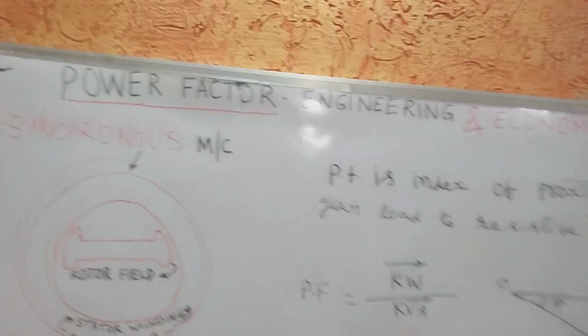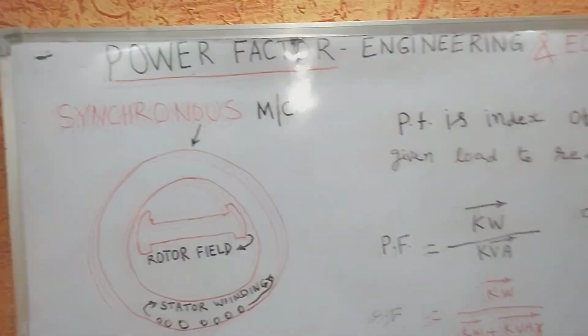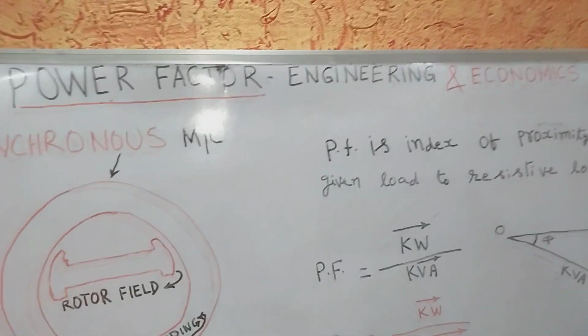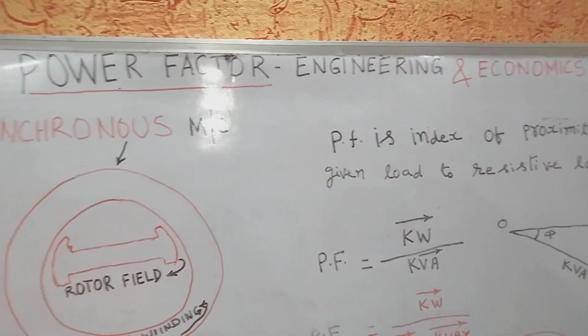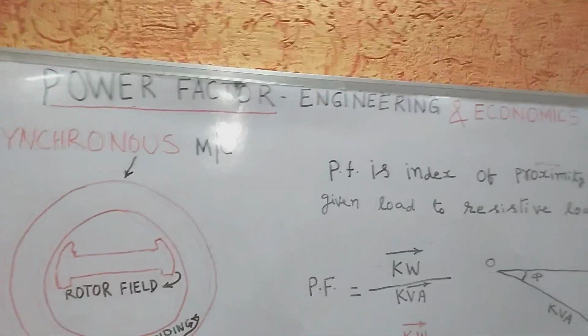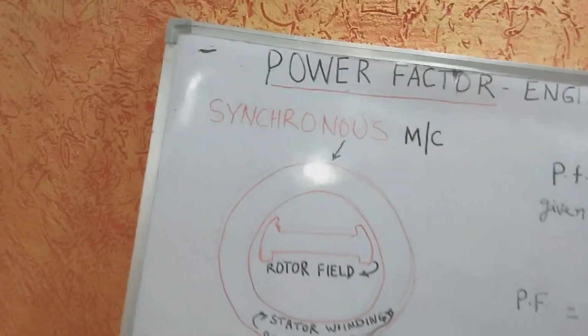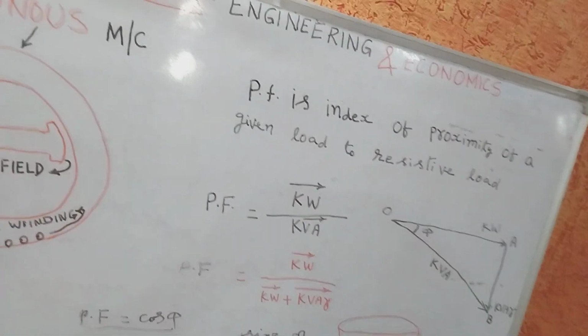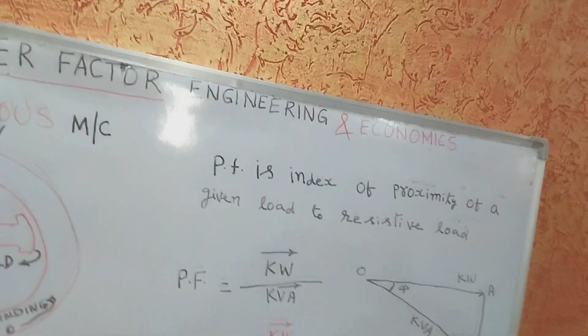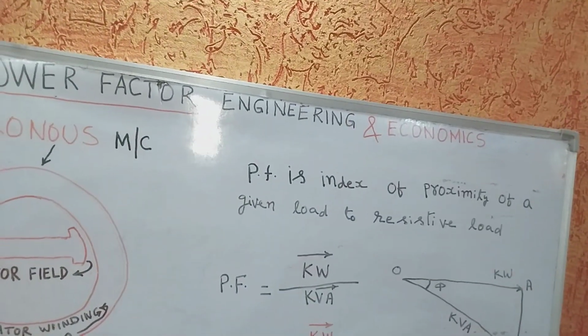Now, poor power factor is the worst enemy of a power system. The poor power factor may cause complete failure of the system and is economically largely damaging to the system.